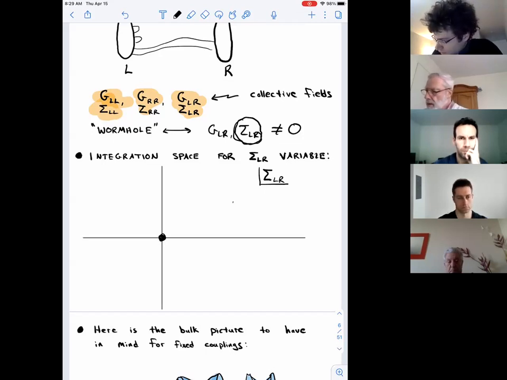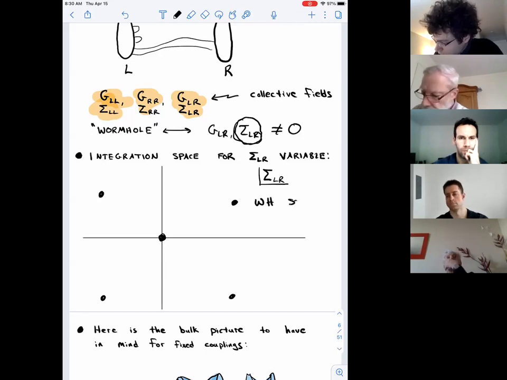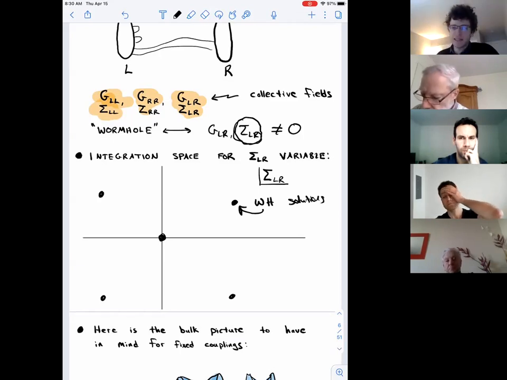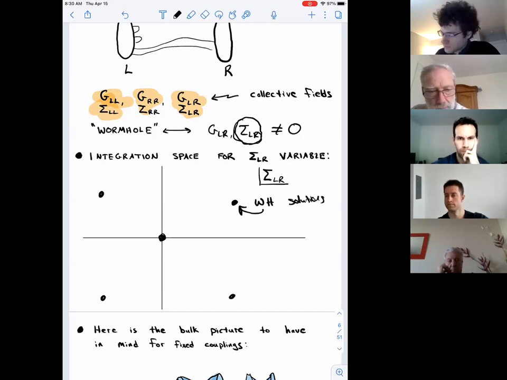There are some points in this plane where you have wormhole solutions. So they have sigma left right non-zero, which agrees with our criterion from a second ago that non-zero left right collective fields means a wormhole. Okay, so we have these points that we call wormhole solutions.